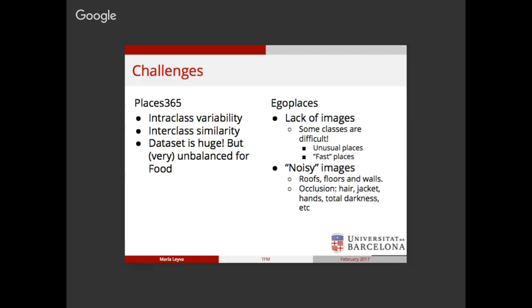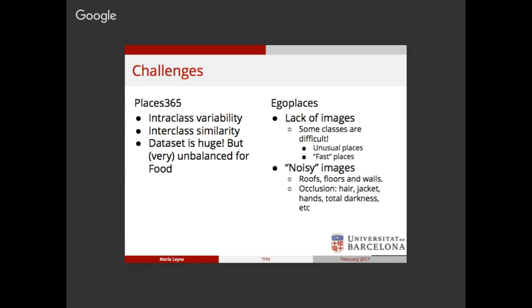I also said that the dataset is huge, but it's very unbalanced for food-related environments, obviously. So it's not as big as it looks at first. It is still very big and nice. But for egocentric places, I have the problem of lack of images. I have to gather most of them. I gathered a lot and labeled many.